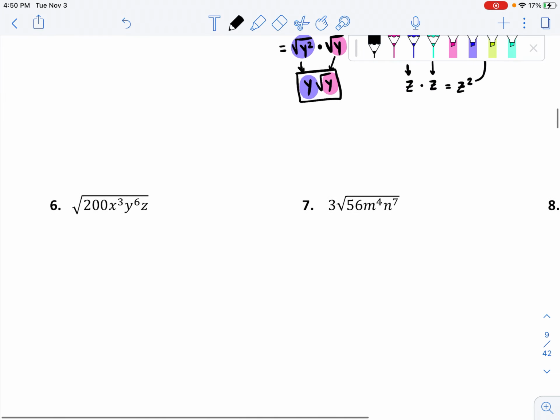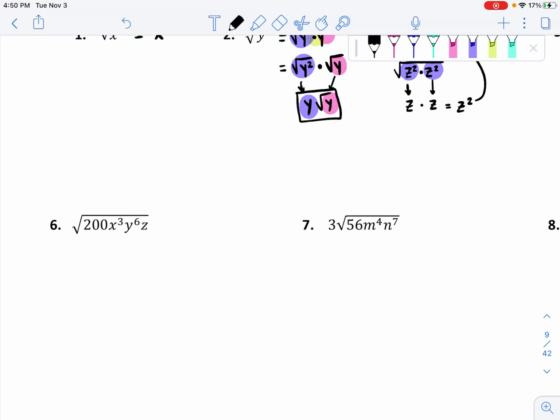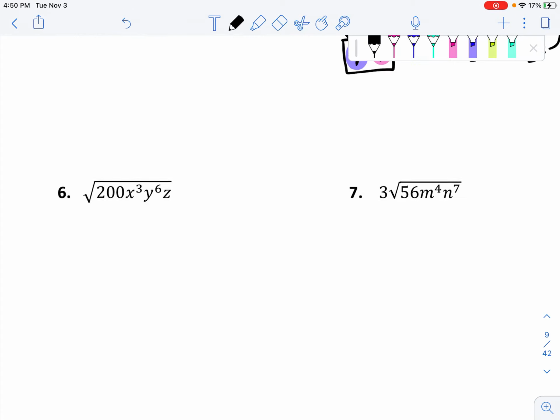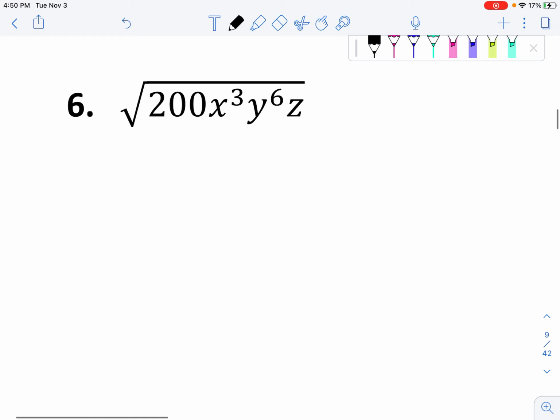So then what we do is combine our variables with our numbers. So this beast, we've got the square root of 200 x cubed y to the 6th z. What I would do is break this up so that we've got the numbers and the letters all separated. So this is the square root of 200.